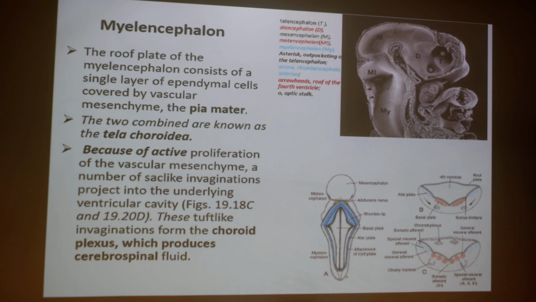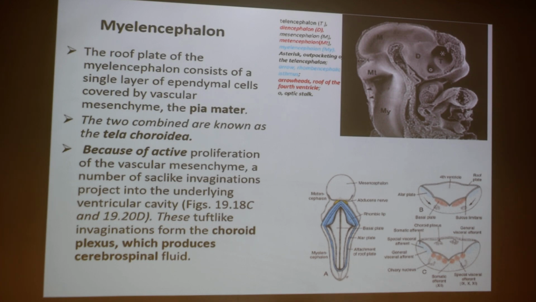The roof plate of the myelencephalon would have a layer of ependyma, which is covering the roof, and there would be a layer of pia mater, which would include the blood vessels. So as the blood vessels are going to increase in size, they are going to bulge into the pia mater, into the ependyma, giving rise to the choroid plexus of the fourth ventricle.